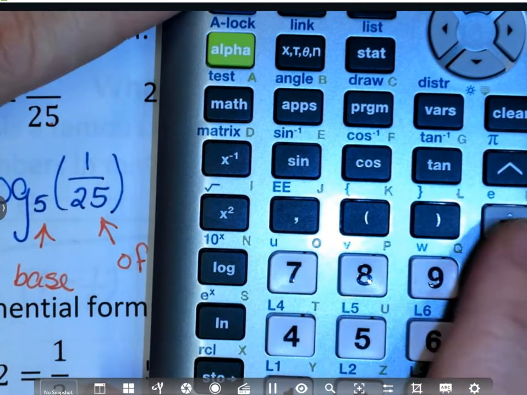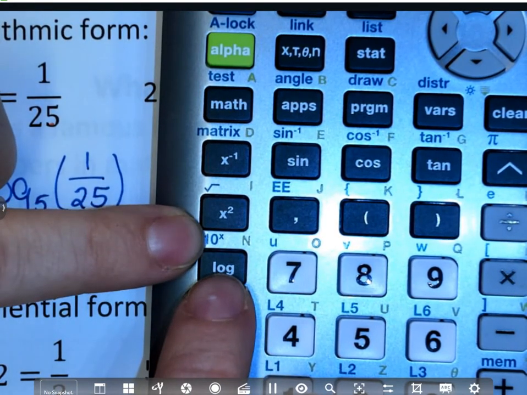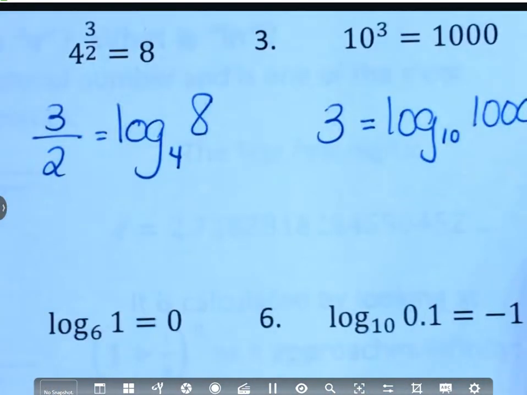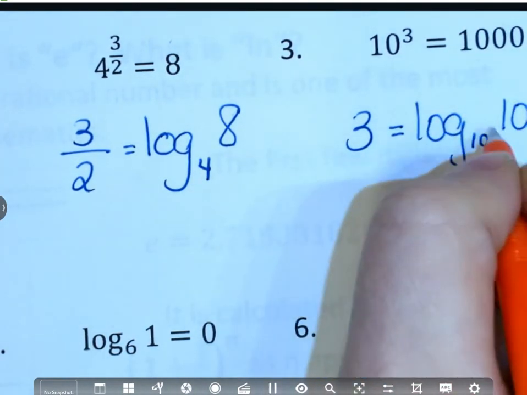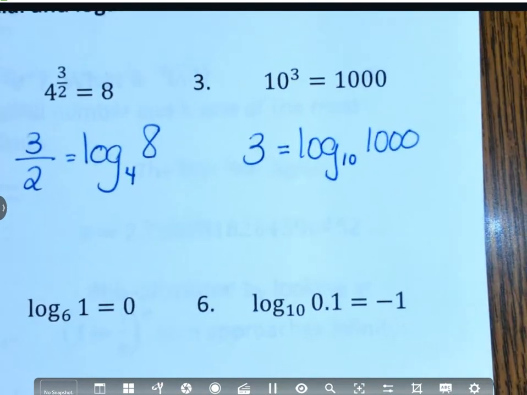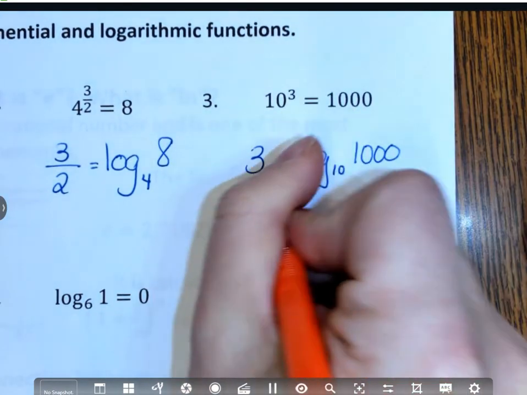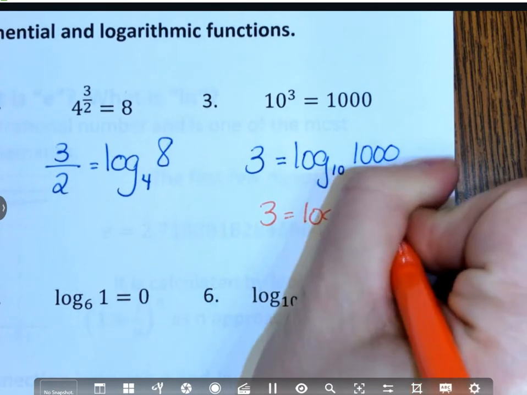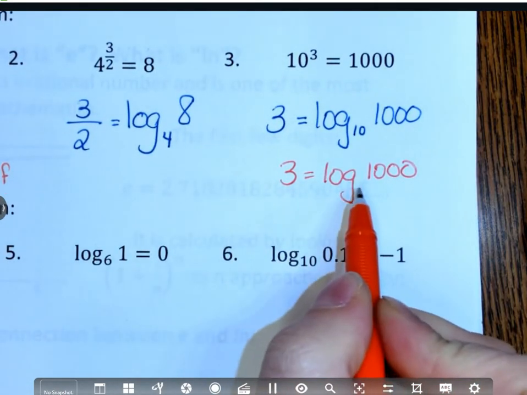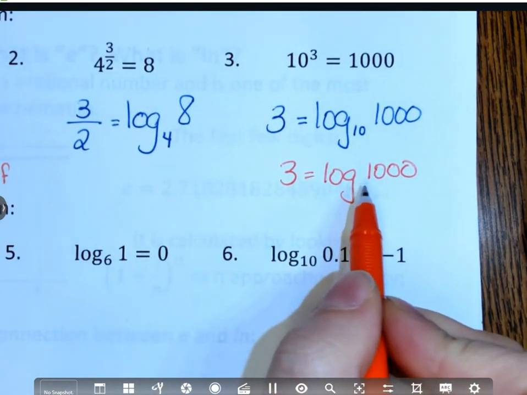Just log, you see how it's got the 10 above it? That's talking about a log base 10. So I'm not going to mark you wrong if you put the 10 in there. However, that is the same thing as saying just log of 1,000. If there is no base there, that number is 10.